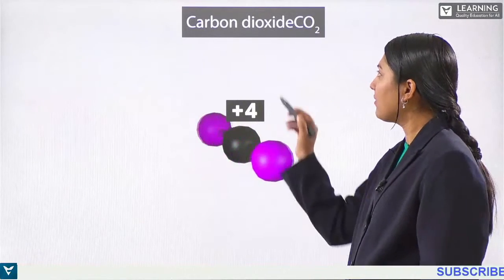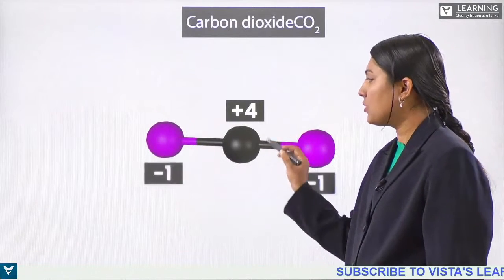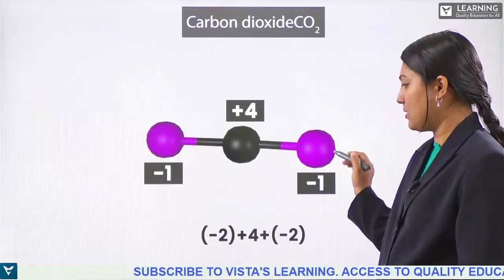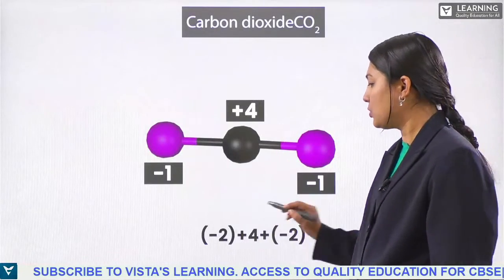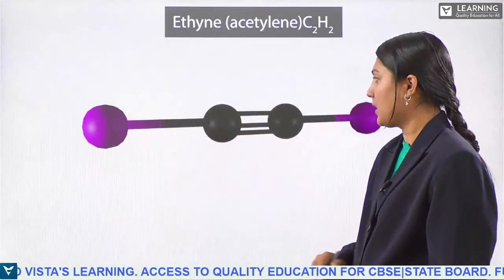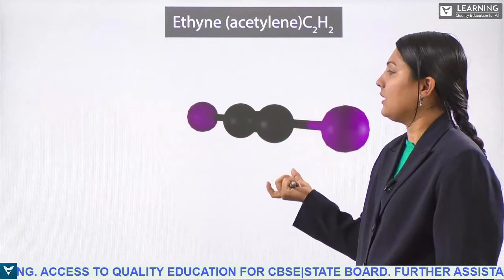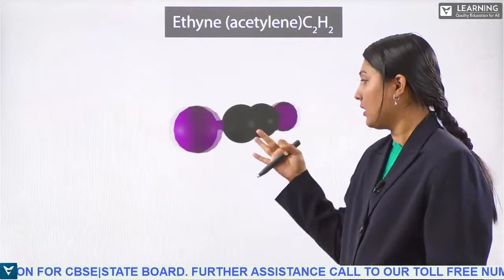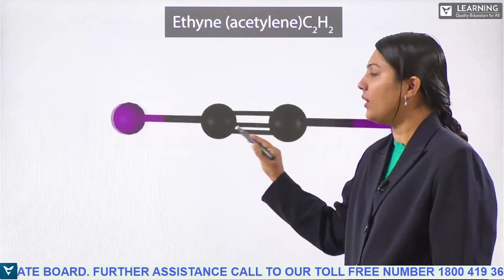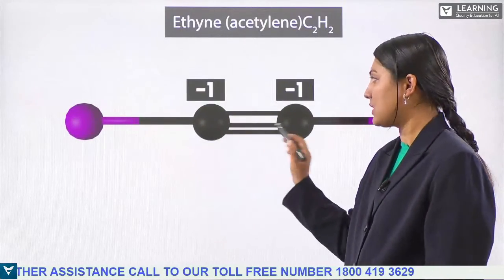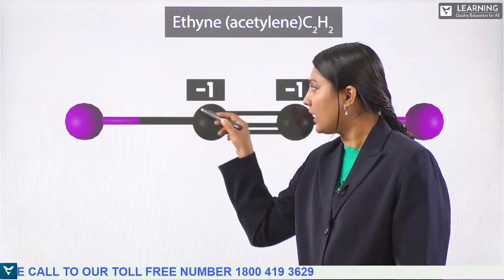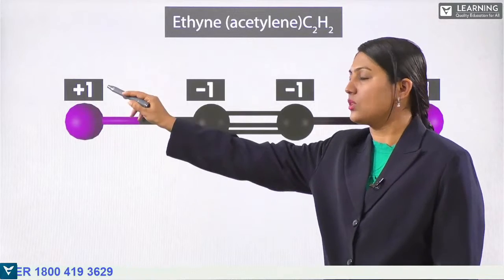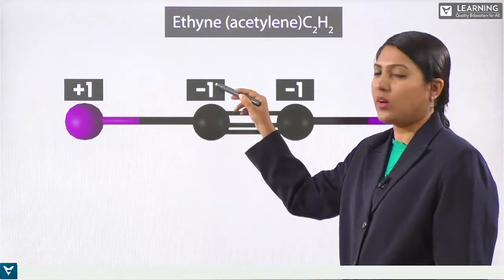Okay, here we have carbon dioxide where carbon has the +4 state and oxygen will have -2 each. So we will have -2, +4, -2. And this is ethyne where carbon will have 3 bonds, which is a covalent bond. So we don't have any charge for them. Instead, we have 1 minus because here we have one hydrogen with 1 plus, one carbon with 1 minus.